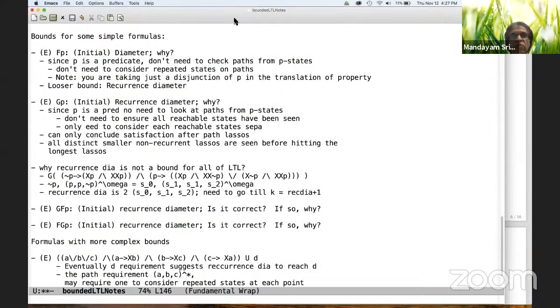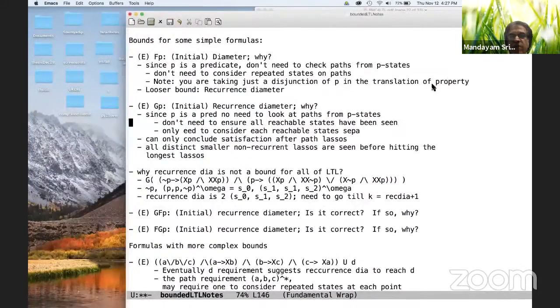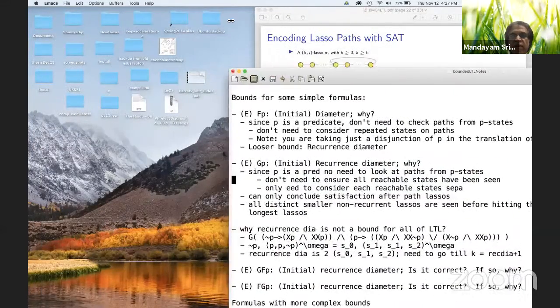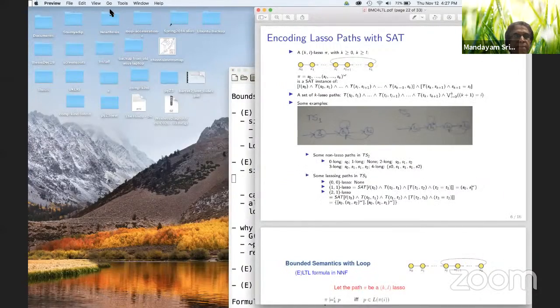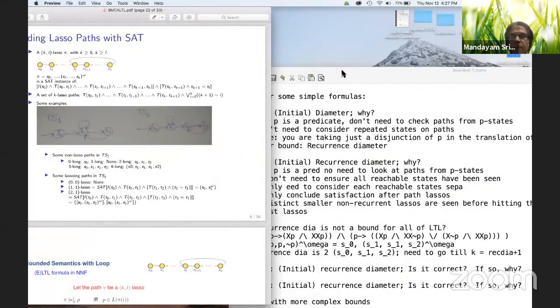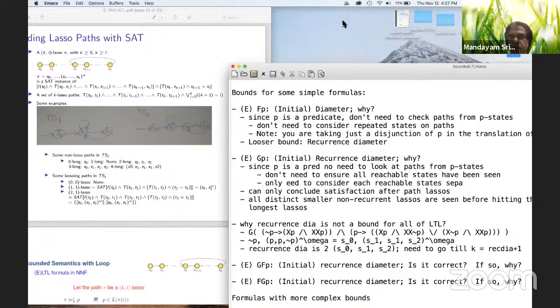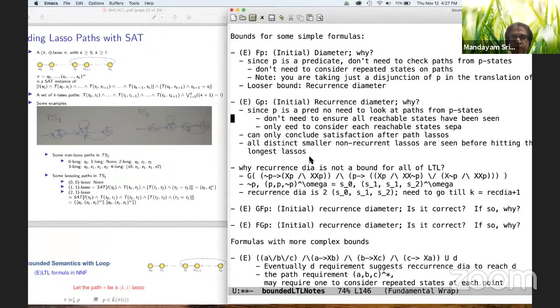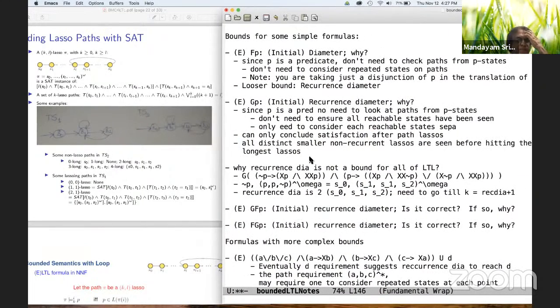Okay, so let me put this on this side and move this here, because I want to use this example to show it. Consider this example, and let's assume the TS1 I'm looking for is here on the left side.